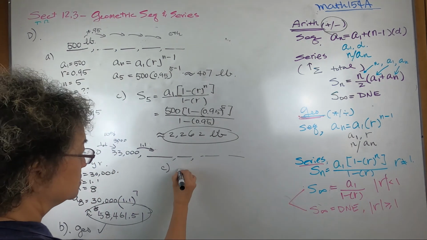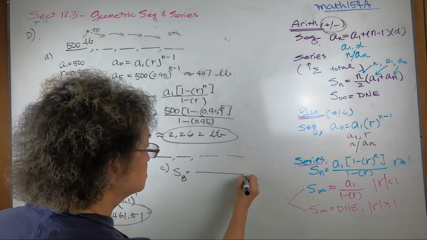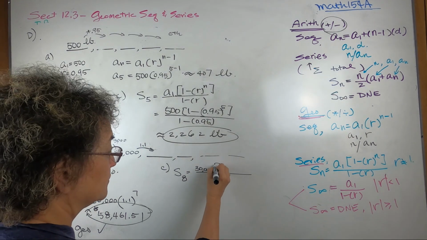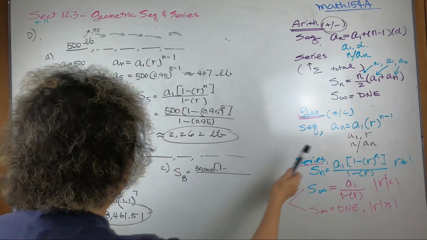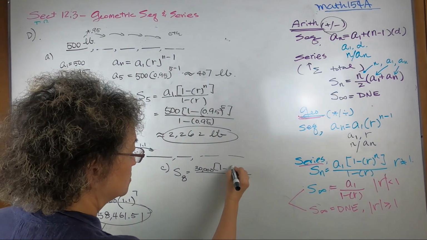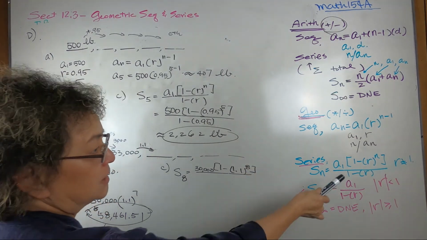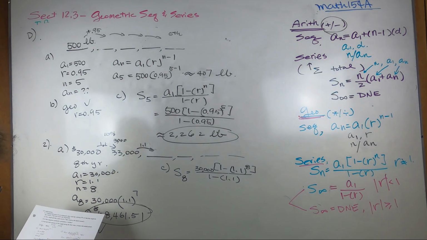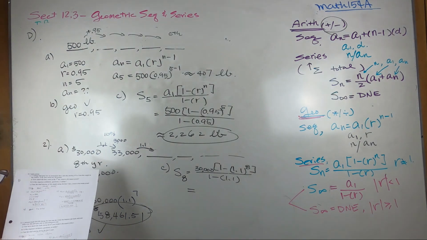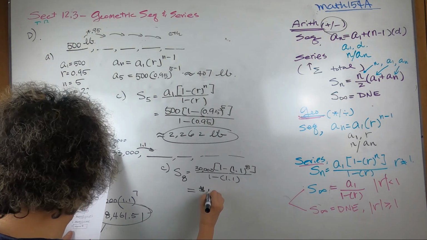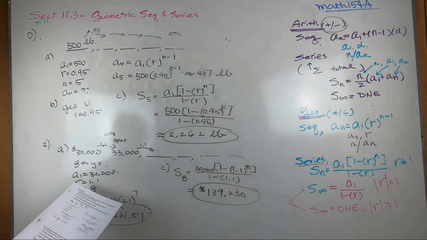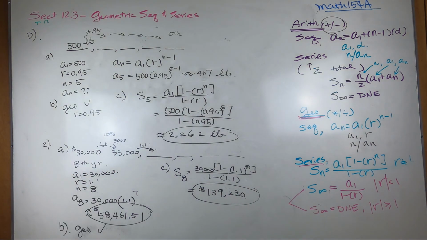So you use A8 equals A1, which is 30,000, times 1 minus R, 1.1 to the 8th power, over 1 minus 1.1. Then you round it at the end to the pennies. So it's about 139,230. Make sure you do it right on the calculator, right?